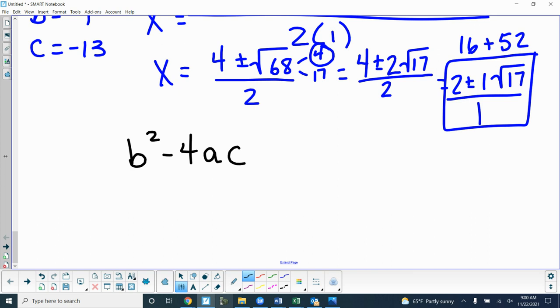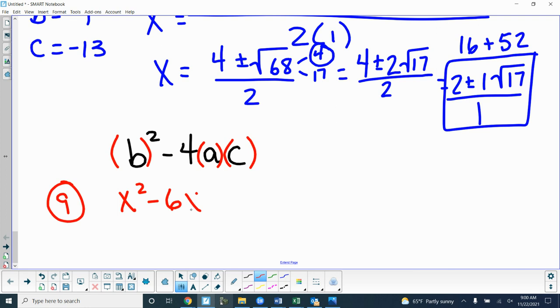Again, I would continue to use the parentheses in case you have negatives. It keeps your signs correct. So for number 9, we've got x squared minus 6x equals negative 7.